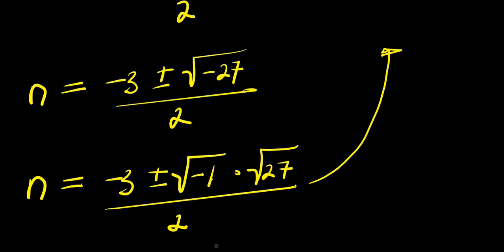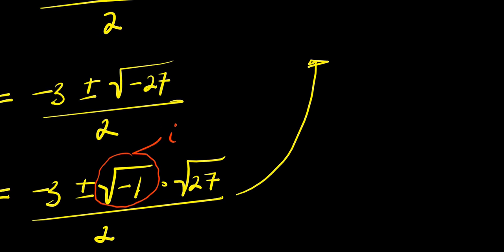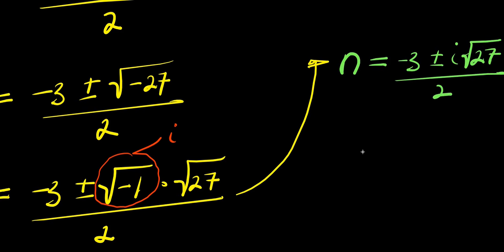So let's continue here. But remember, square root of negative 1 is i. So what we are going to have will be n equals negative 3 plus or minus i times square root of 27, divided by 2.